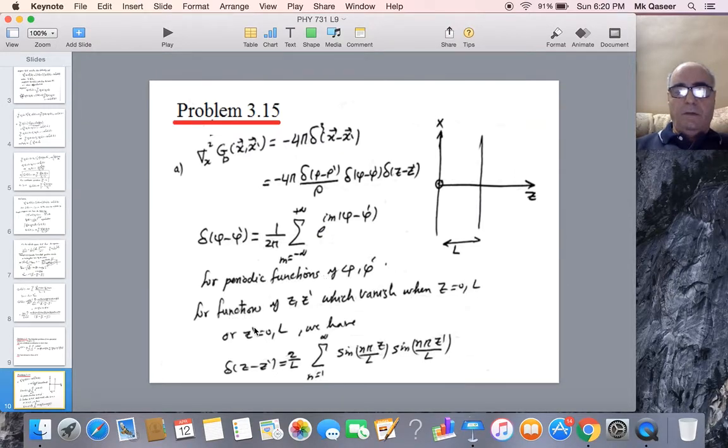And then for the last one, δ(z − z'), because we have here 0 and L, can be written as 2 over L summation from n equals 1 to infinity of sine(nπz/L) sine(nπz'/L). It is easy to show this.